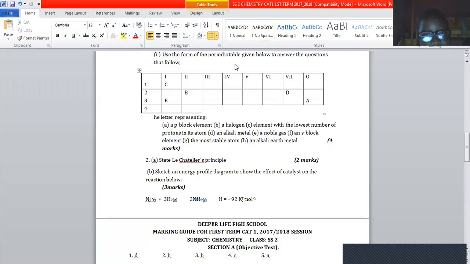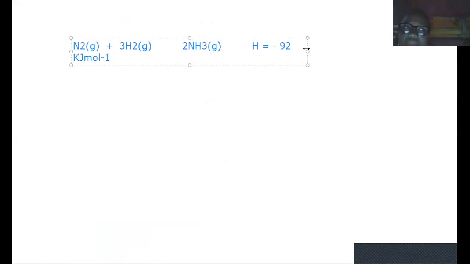Very, very important for us to do that. You know how an exothermic reaction is, isn't it? You remember the diagram when we did that? Can you hear me? Yes, sir. Remember the diagram for exothermic reaction, isn't it?